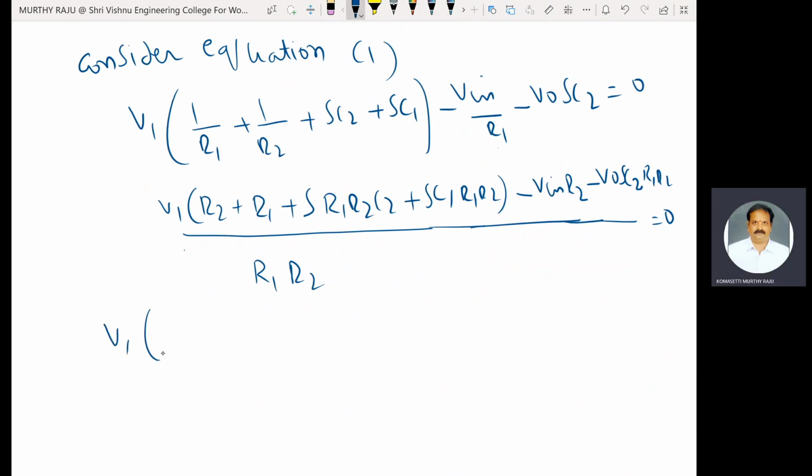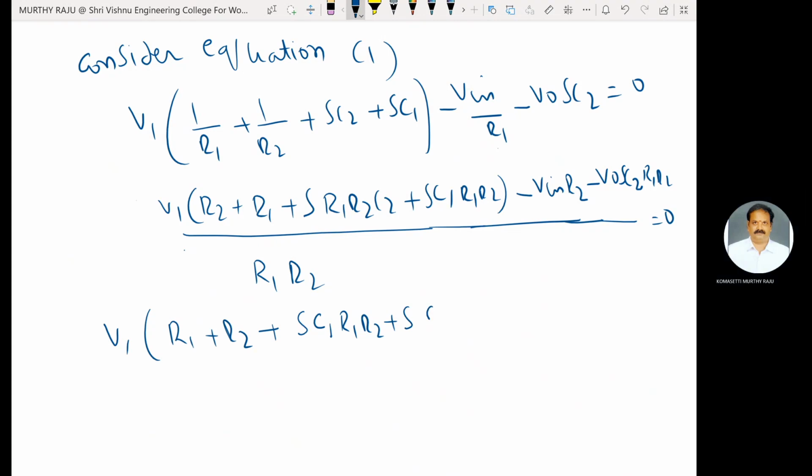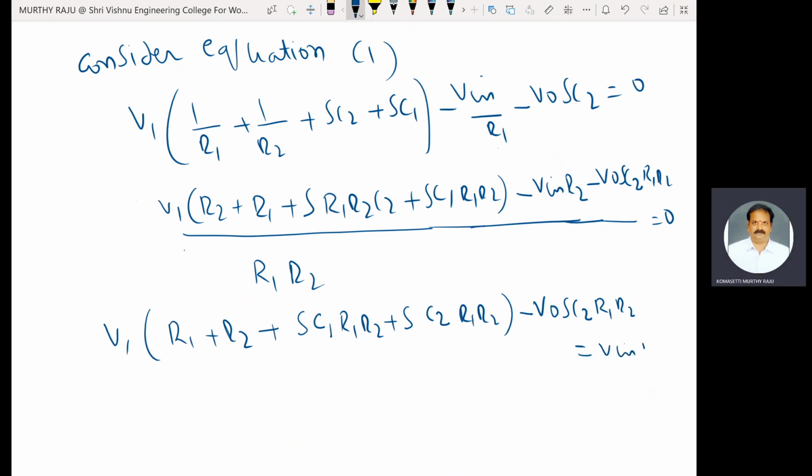V1 into R1 plus R2 plus SC1 R1 R2 plus SC2 R1 R2, minus V0 SC2 R1 R2 is equal to V in R2.